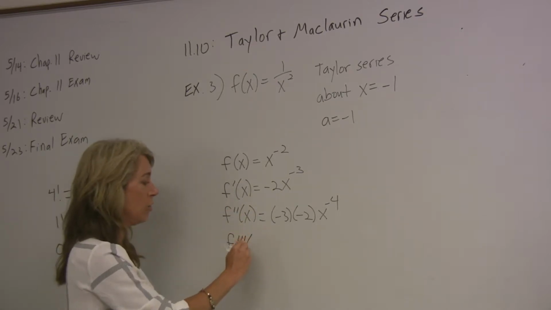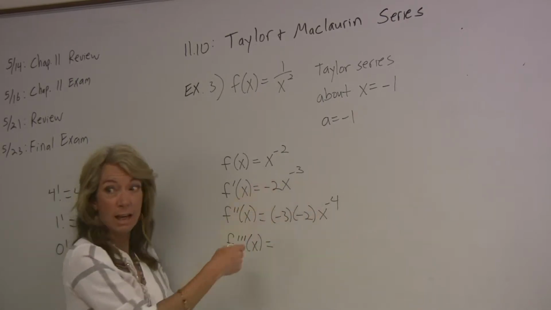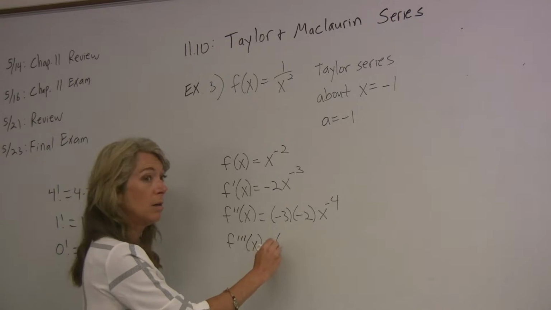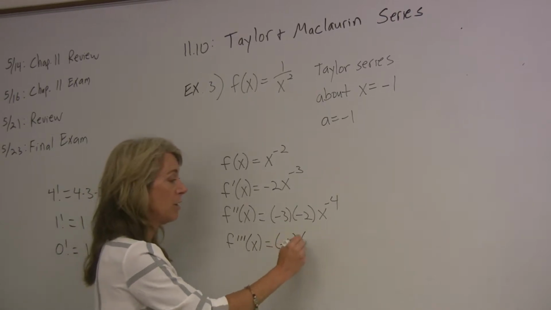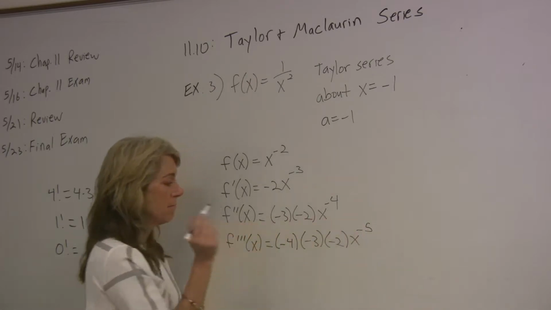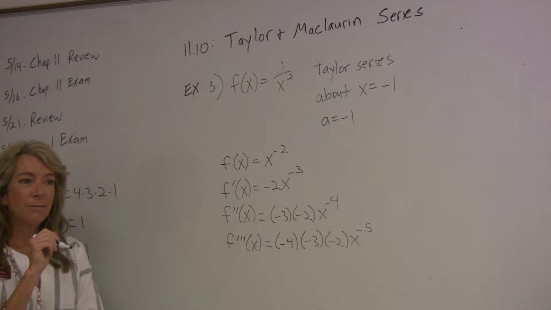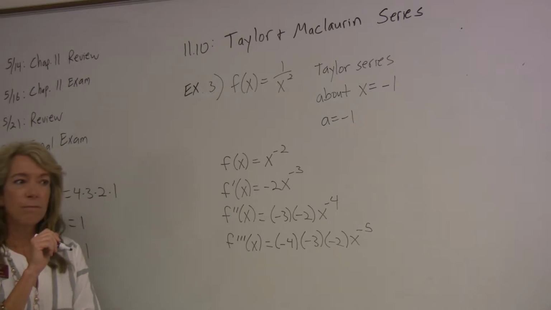When I get to the third derivative, I'm going to bring down the negative 4. So again, I'm just going to recopy all these. I know I could simplify, but I don't want to yet. Everyone see now why I didn't want to simplify it? What do you see there? Factorials, right?